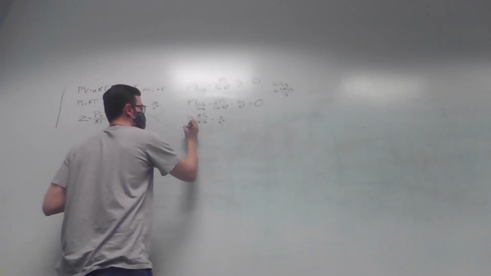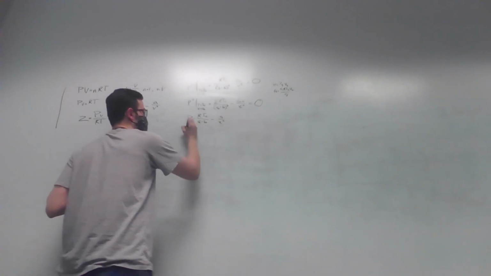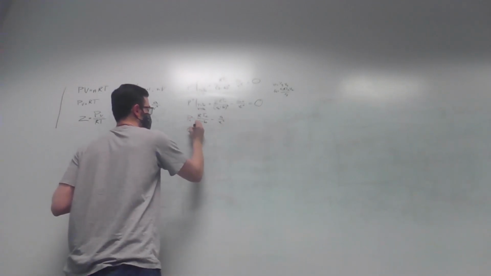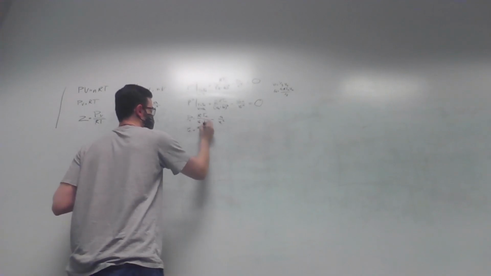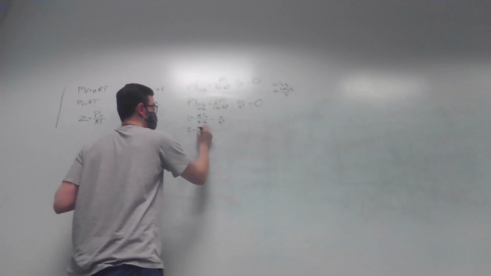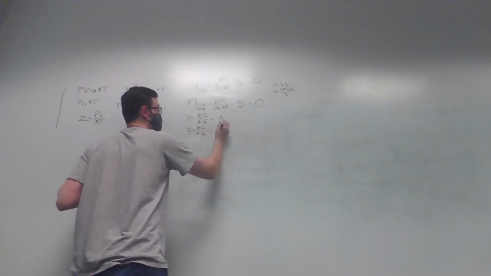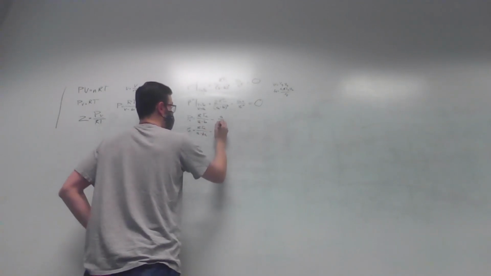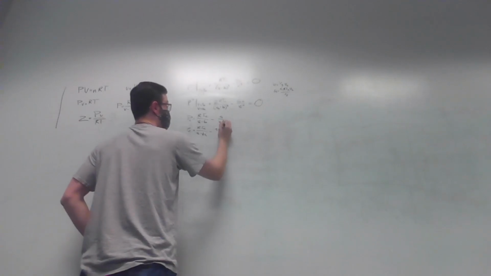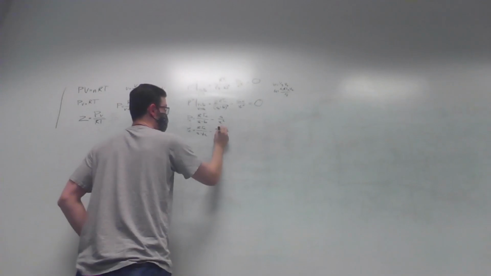So let's sub in. We're going to sub in again. Critical pressure equals R times critical temperature over critical volume minus 1/3 critical volume, minus 9R critical temperature, critical volume over 8 critical volume squared.